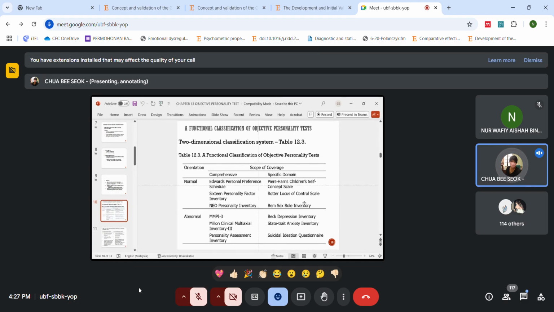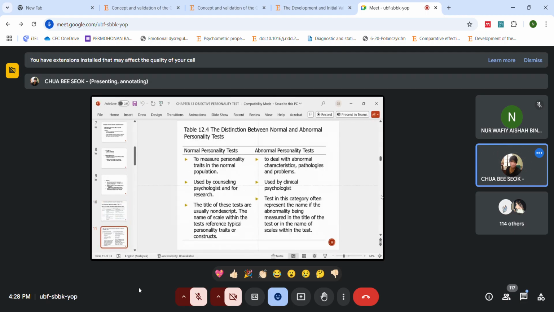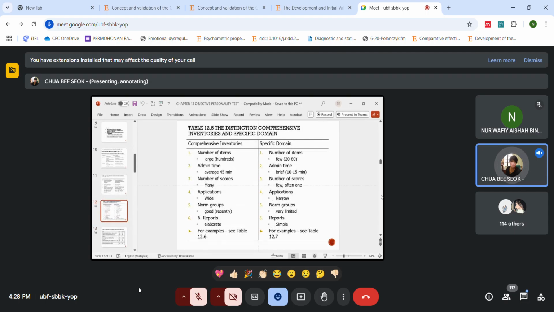So you know that this inventory measures depression, an abnormal characteristic. From the name, you know that the test measures an abnormal trait. So this is the distinction between normal and abnormal, and between comprehensive and specific domain inventories.